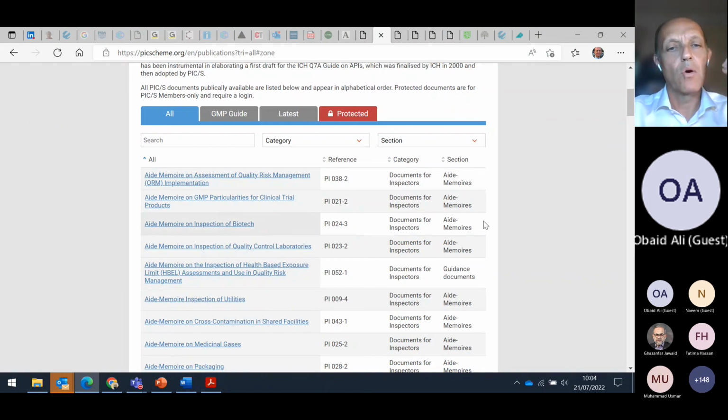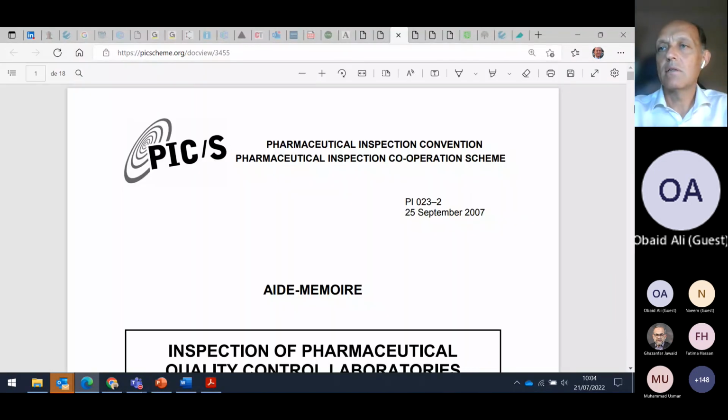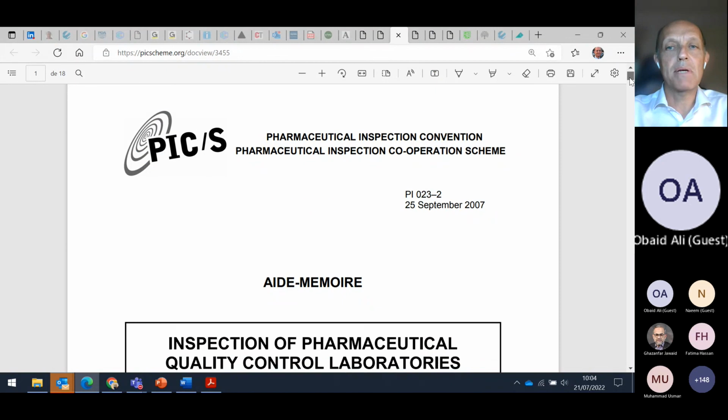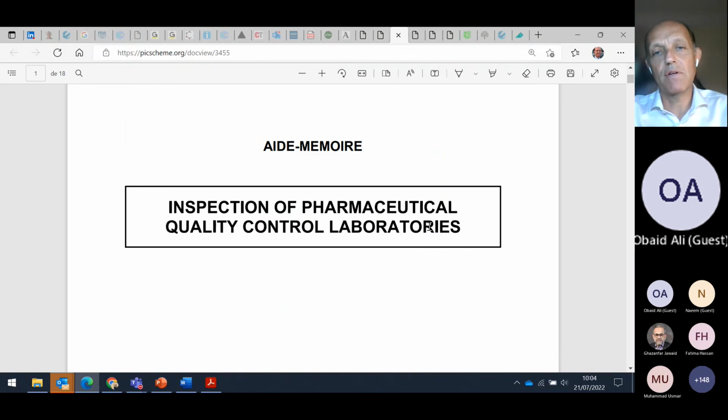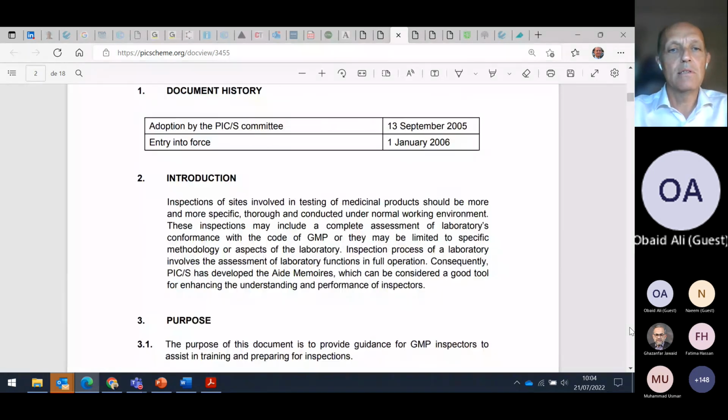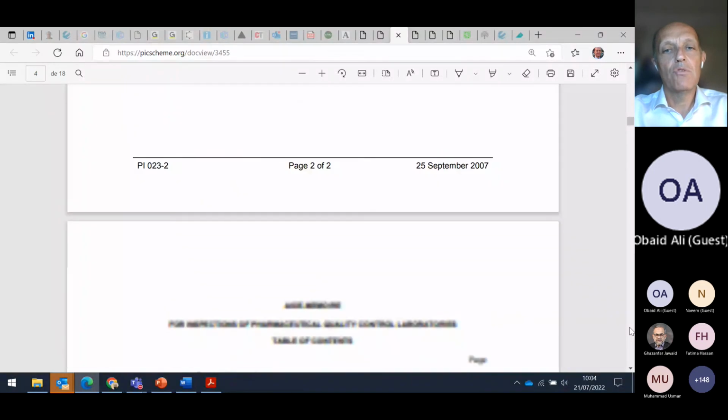If you want to know what to do in a QC laboratory, this is what the inspections of a quality control laboratory should be. Inspection of pharmaceutical quality control laboratories.